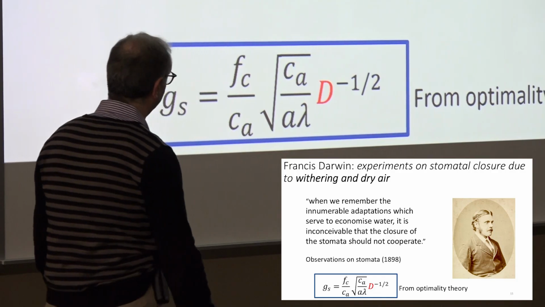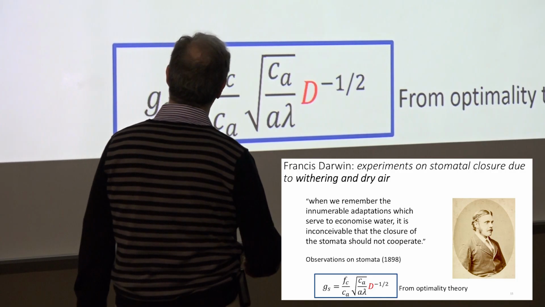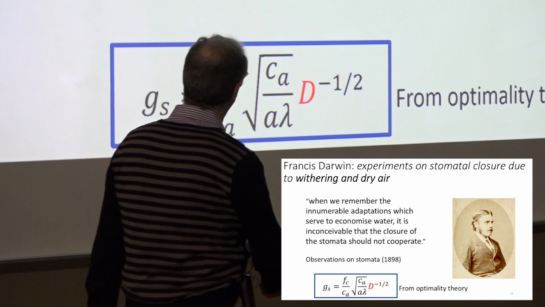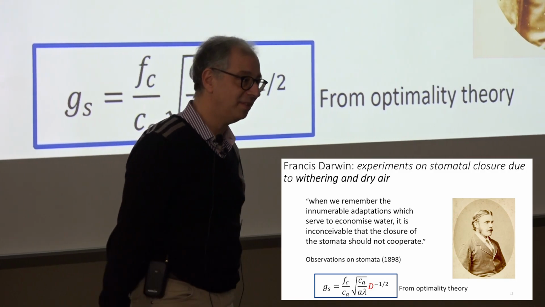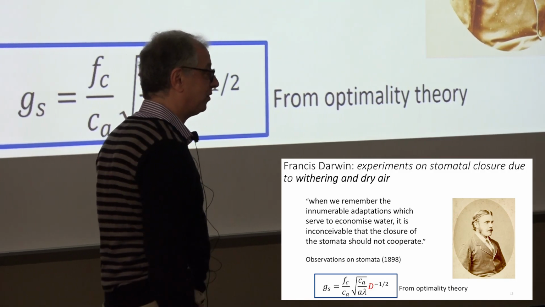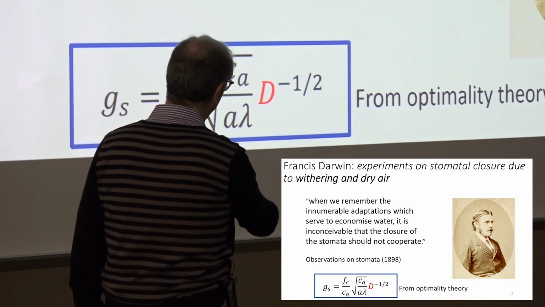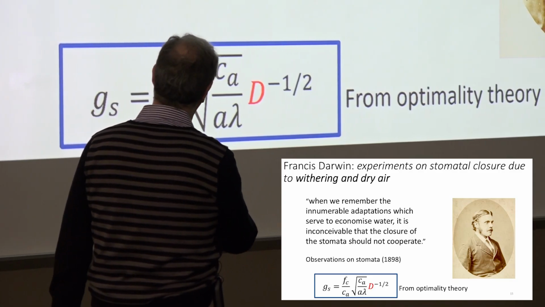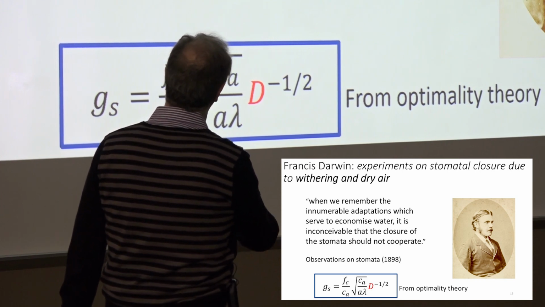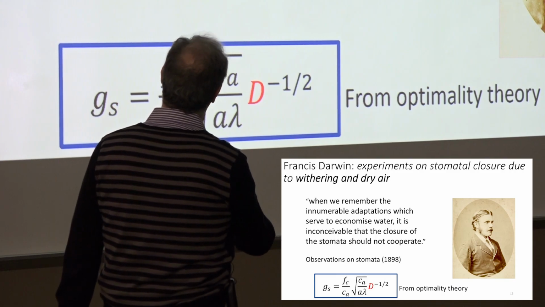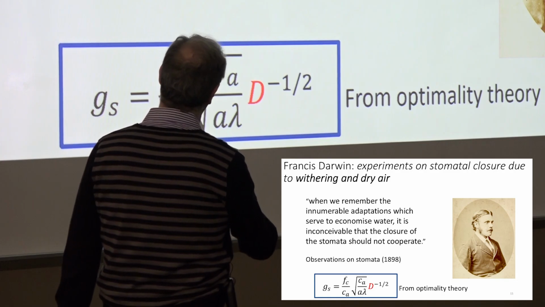Okay. And just to sum it up, the fact that the vapor pressure deficit was important for stomata has been known for quite some time. In fact, Francis Darwin, who, by the way, is the son of the famous Charles Darwin, was also a biologist, and was very much interested in plants. And he wrote in an 1898 paper, called Observations on Stomata, that when we remember the innumerable adaptations which serve to economize water, it is inconceivable that the closure of the stomata should not cooperate.